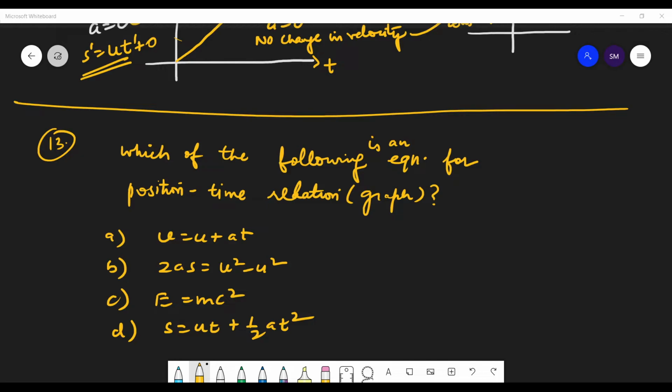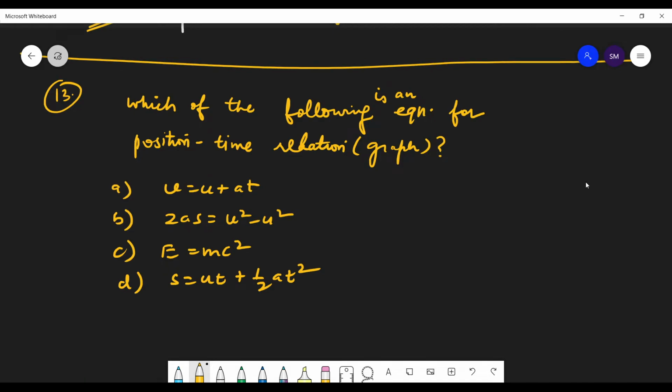Option A. Okay, students, whenever we will be telling the answer, first of all, you will tell your name and then the answer. Okay, you have to do this. Okay, sir. So who has told option A? Vishesh. Okay. A graph of position and time is this equation, but position is not there in this equation.